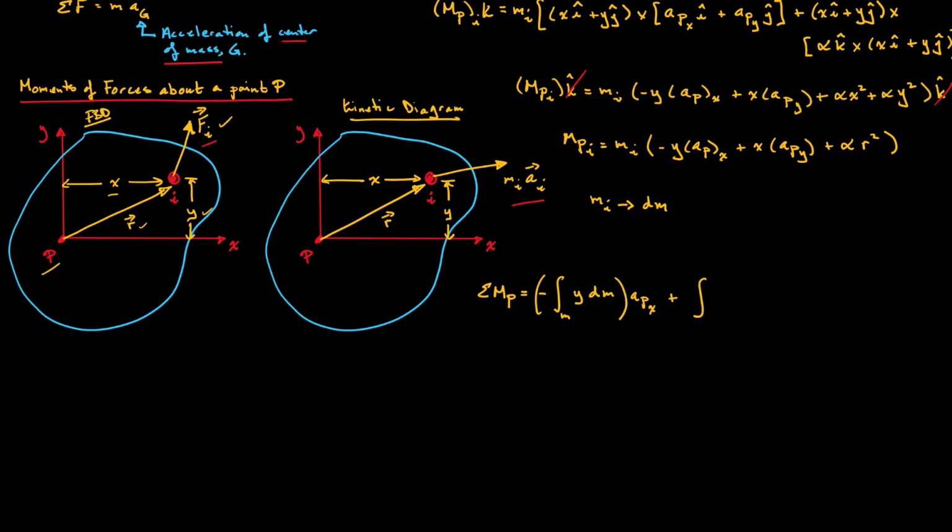Similarly, we will have the integral over the entire mass of x dm, and this will be multiplied by apy, plus the integral over the entire mass of r squared dm, and this will be multiplied by alpha.